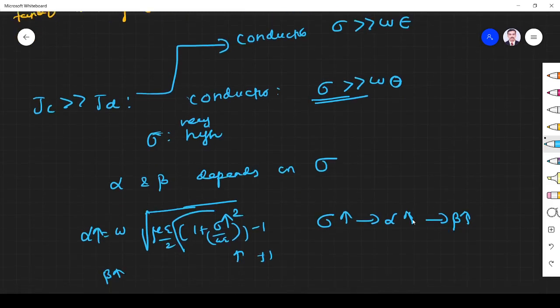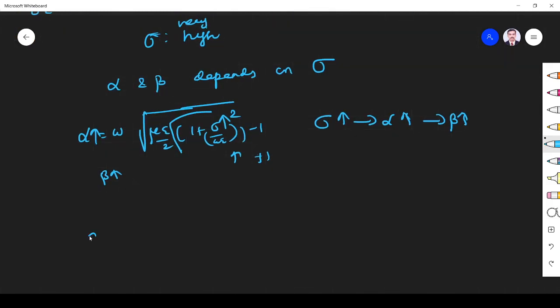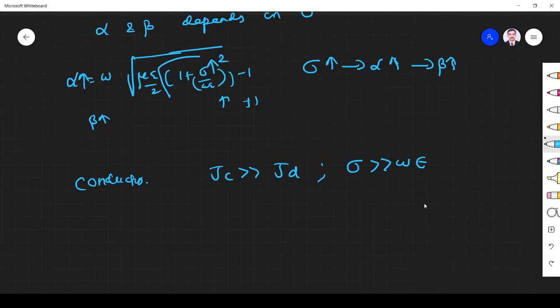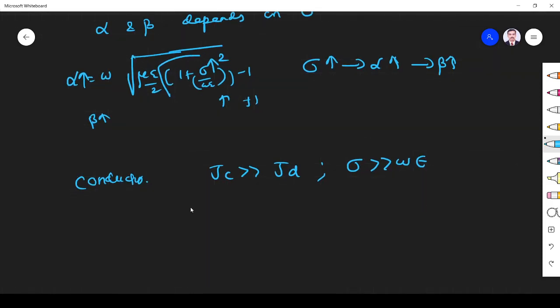So in a conductor, the thing we have to notice is that JC is far greater than JD. We have only conduction current density, and sigma is far greater than omega epsilon. Conductivity increases means alpha will increase and beta will increase.